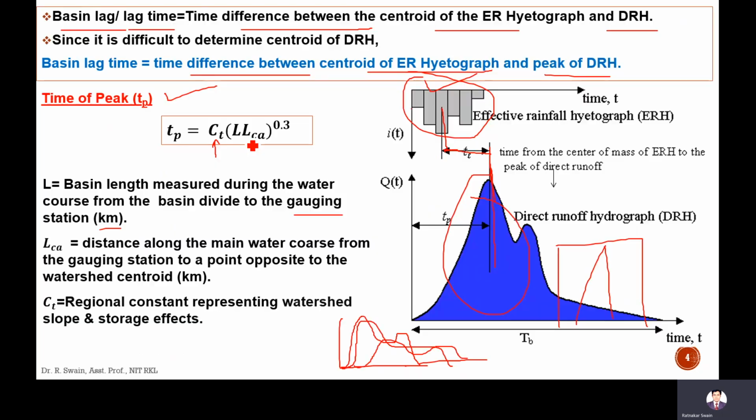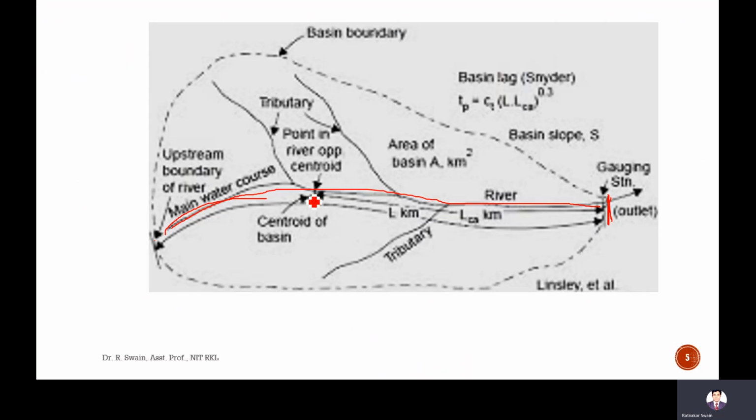Next is LCA. LCA is the distance along the main water course from the gauging station to the point opposite to the watershed centroid. It means the point in the river which is near to the centroid of the basin. Let this be the basin, and this the centroid. The point nearest to this centroid, let it be here in the river.